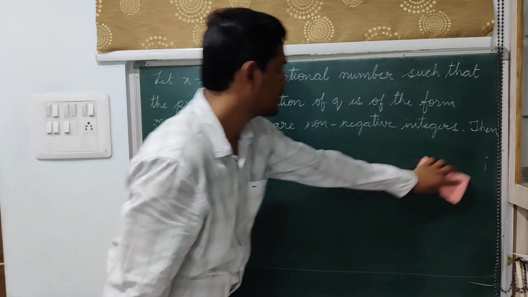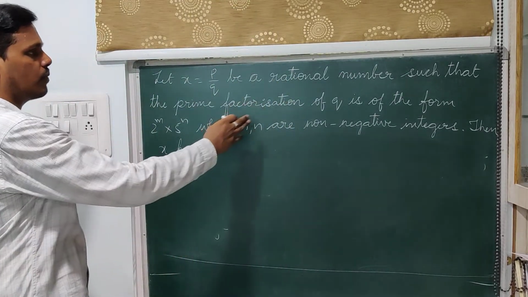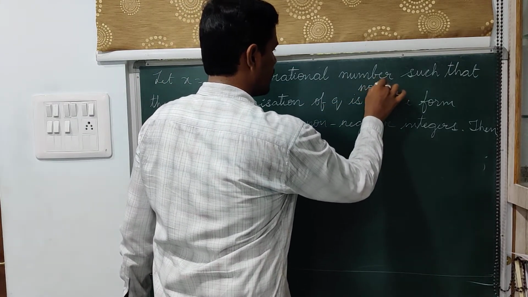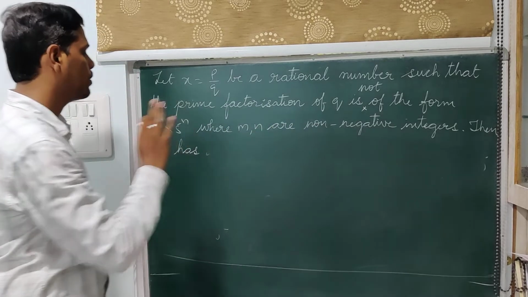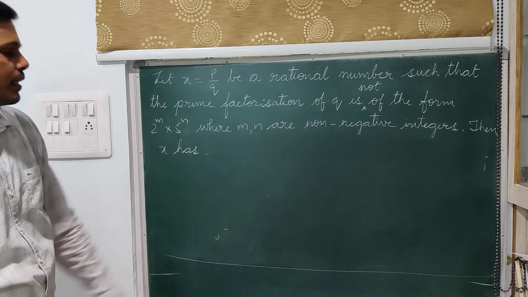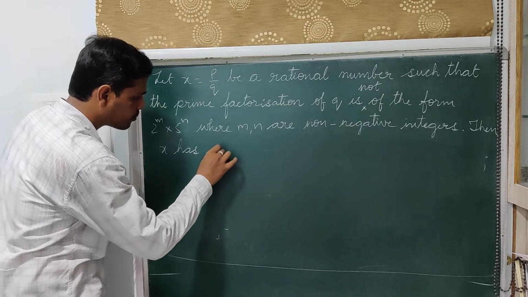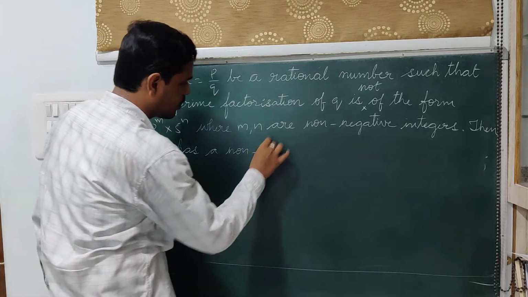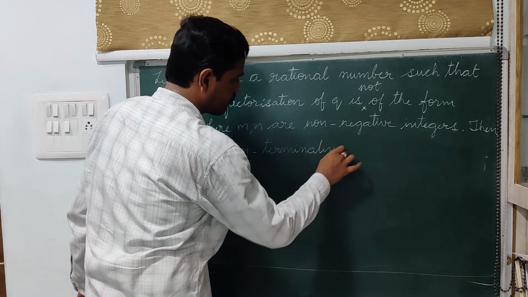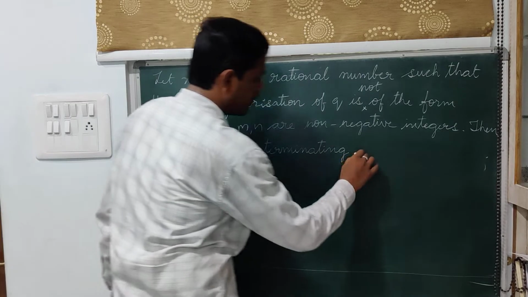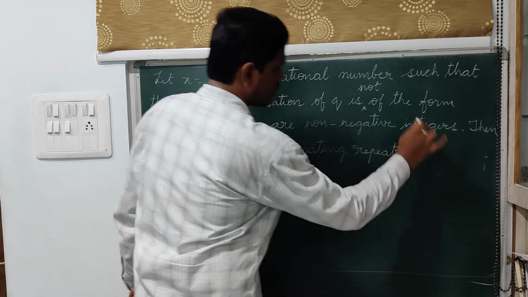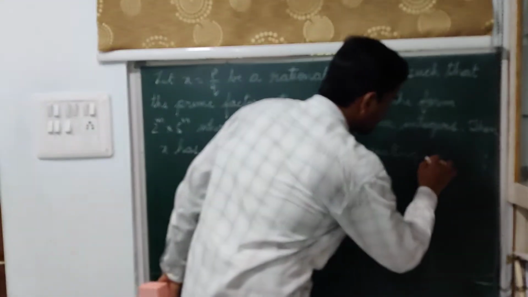So now the other statement is just similar to it. Prime factorization is not of the form. If the prime factorization is not of the form 2 power m into 5 power n, where m and n are non-negative integers, then x has a non-terminating repeating decimal expansion.